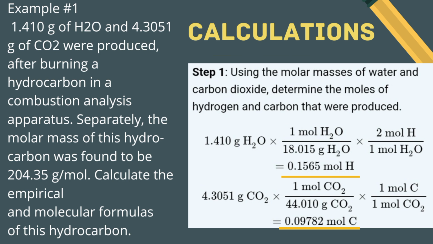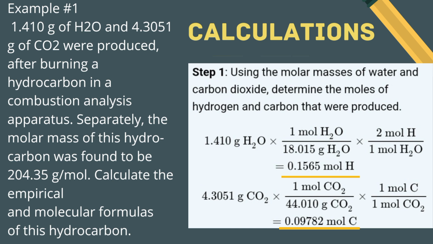So the molar mass of H2O or water is equivalent to 18.15 grams of H2O. The 18.15 grams of H2O is not given. That is the molar mass of 1 mole of H2O. You can search it on Google, like 1 mole of carbon, 1 mole of water. Since we cannot yet get the moles of hydrogen, because it is still water, we need to convert it into hydrogen, since step 1 is to determine the moles of hydrogen and carbon.